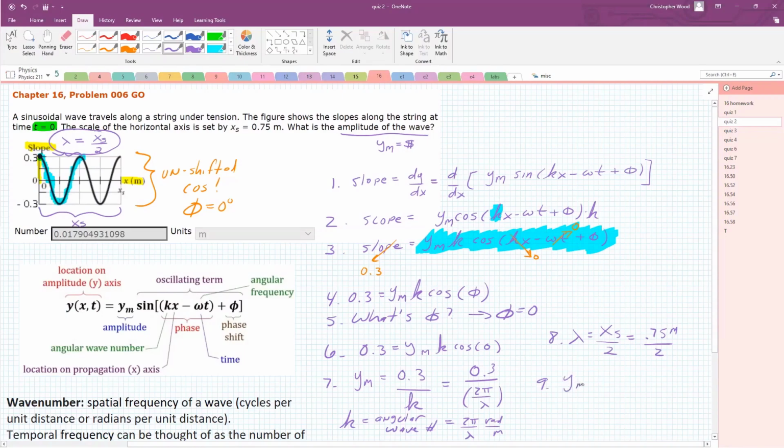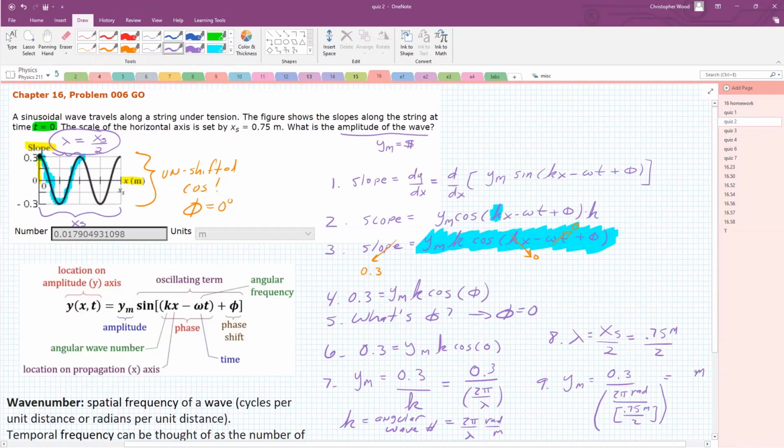The amplitude of this particular wave, based on that graphical information, is 0.3 divided by 2 pi radians all over lambda, which is 0.75 meters divided by 2. That's my wave amplitude. And yes, the units do work out as meters.